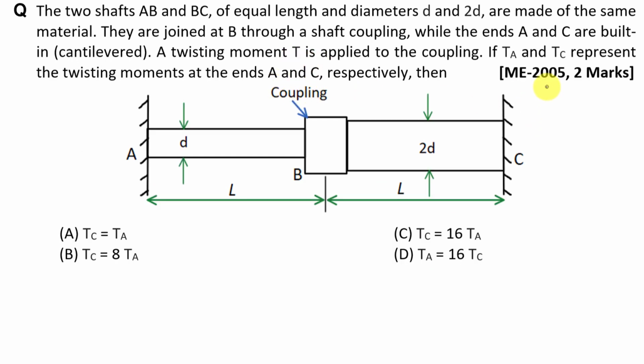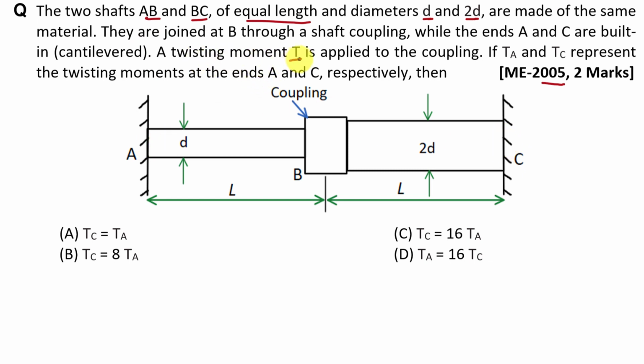Next question is from year 2005. The two shafts AB and BC of equal length and diameters D and 2D are made of the same material. They are joined at B through a shaft coupling that is shown in this figure, while the ends A and C are built-in cantilevered, means these both ends are fixed.